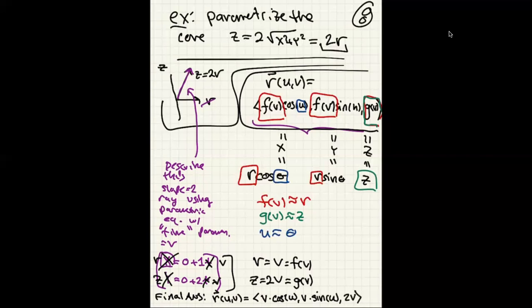I'll emphasize that u goes from 0 to 2 pi, and v I definitely want to start at 0, but let's say infinity to do the whole infinite cone. And this is the parameterization of that cone. It utilizes the rotational symmetry and sort of the cylindrical coordinates.